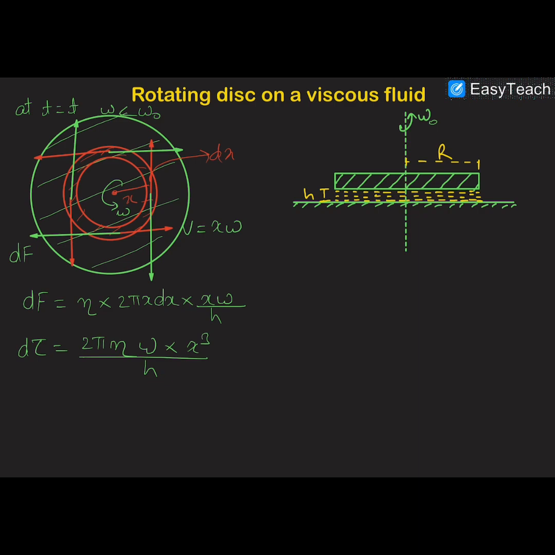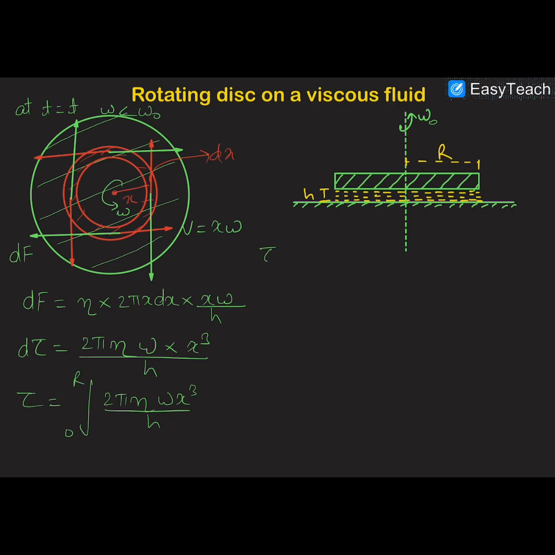Now the total torque will be the integration of this. So it is 2 pi eta omega by h, integral of x cube, with limits from 0 to r.